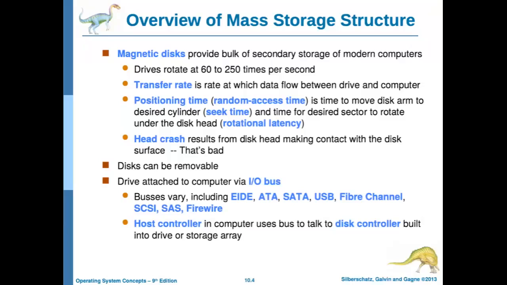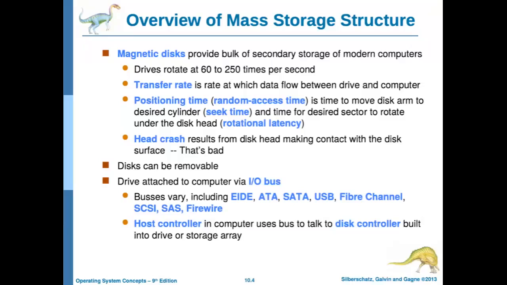For laptops it is from 5400, then 7200, then around 10K, and typically with servers, whenever we have SAS controllers, it goes up to 15K. The transfer rate is the rate at which data flows between the drive and the computer. Most of the time it is the buffers, which are part of your primary memory, right?